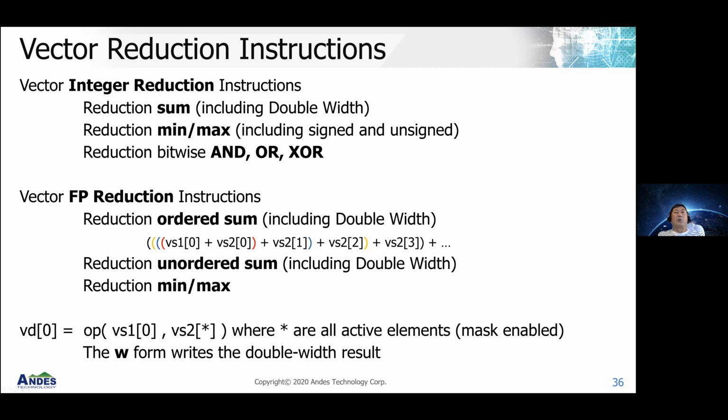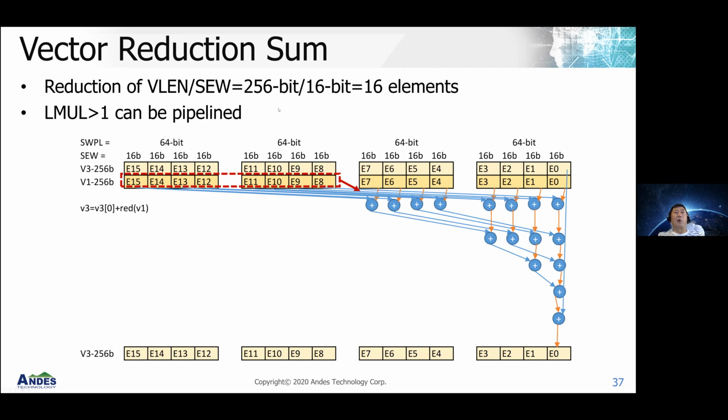One example of the implementation is that we take the first half and add it to the second half, and you fold it in half every time. In this case, with 16 elements, it would take 5 clock cycles to produce the result.